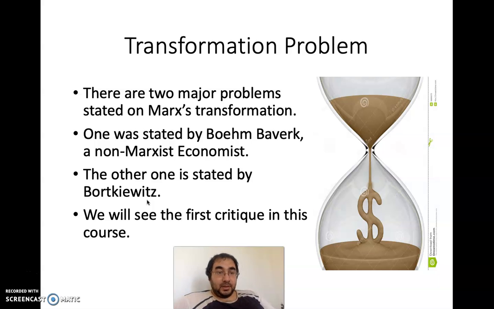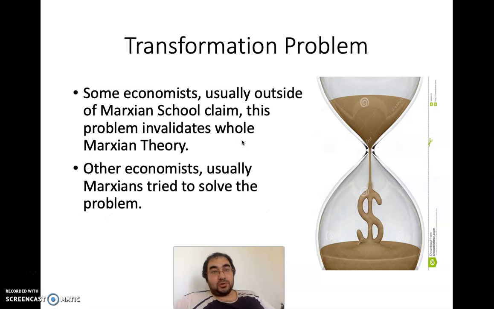Anyway, after we see Marxian price theory, we will see Böhm-Bawerk's critique, and then we will see the response to Böhm-Bawerk's critique. The response will be partially my response, partially a response of a famous Marxian economist, and his response is also available.